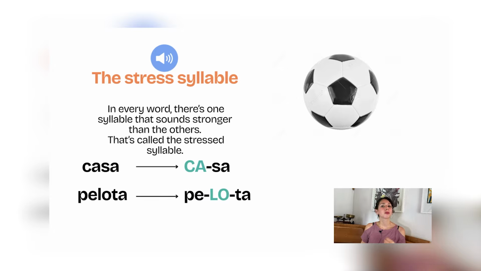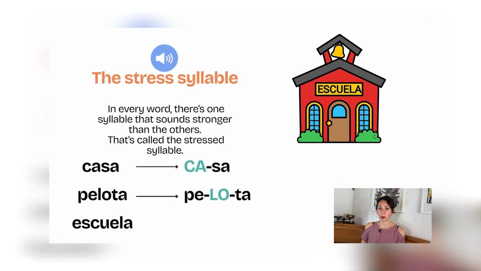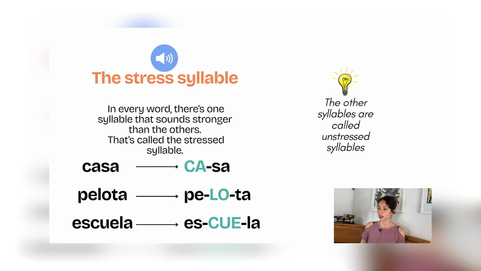Pelota. The stress is in LO. Escuela. Where is the stress? Escuela. Okay? So the other syllables are called unstressed syllables. The important one is the syllable that is stressed.